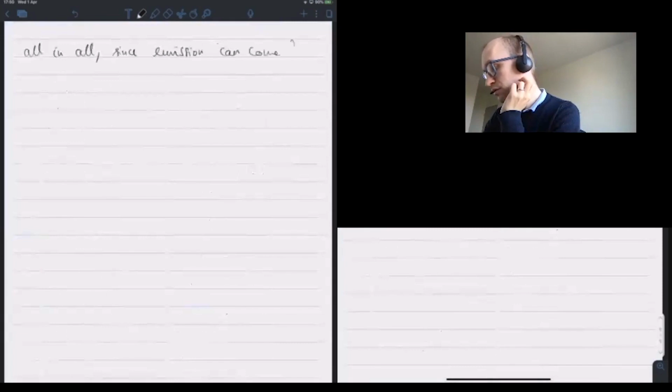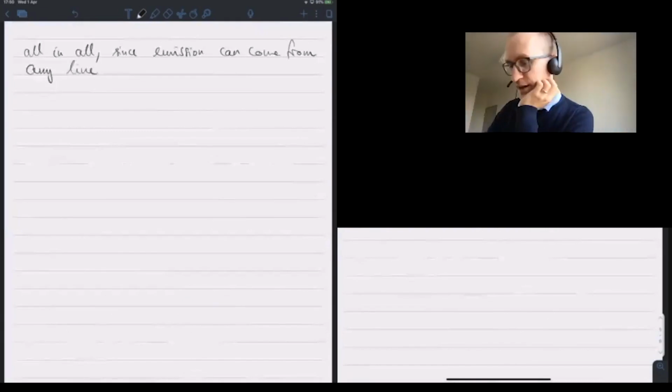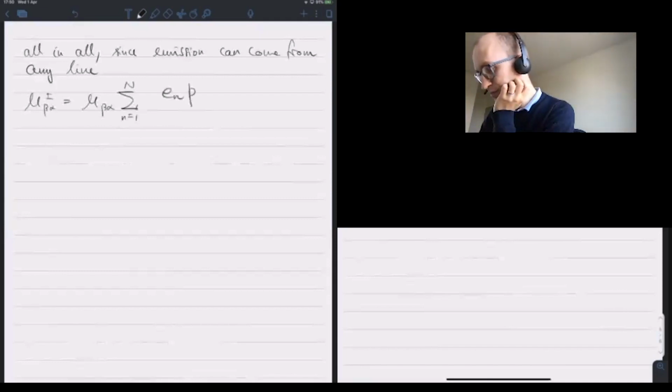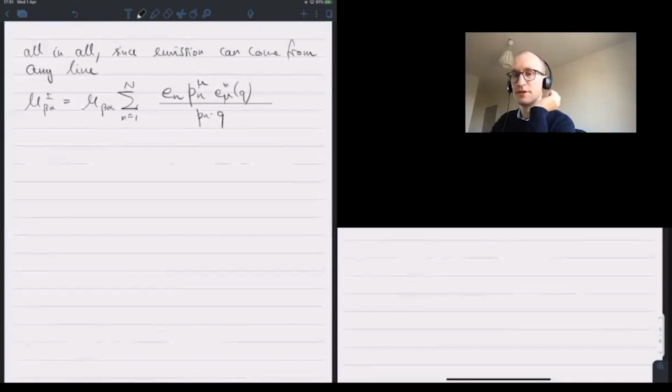So m beta alpha plus or minus is then equal to m beta alpha, this factors out, times the sum over all in and out particles, where you have En, its charge, times Pn mu times E mu star of Q, divided by Pn dot Q. And then crucially, because emissions from in particles come with a minus sign, we need to put this sign factor eta n here, where eta n is equal to +1 for out and -1 for in.